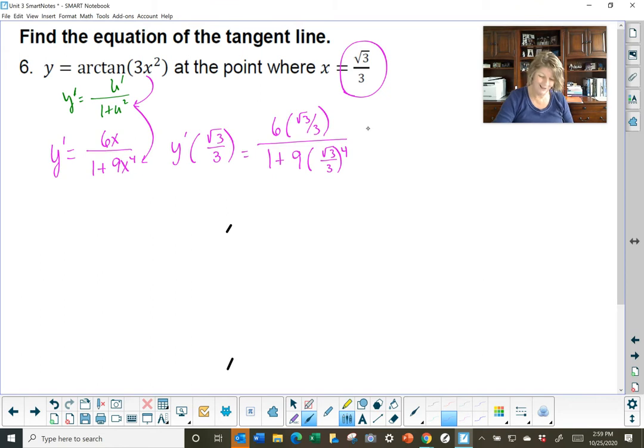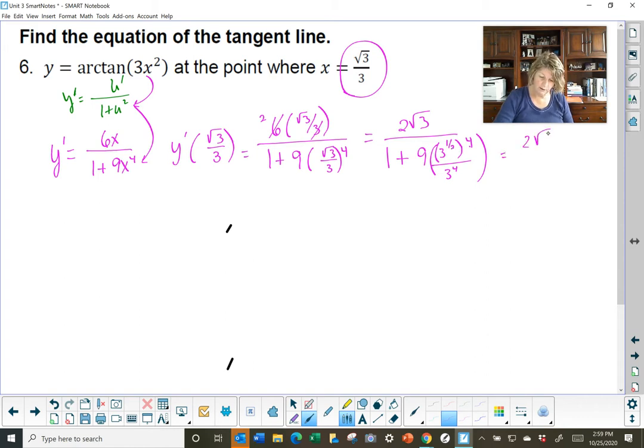Oh, wow. Okay, one little bit at a time. 3 goes into 6 2 times, so my numerator is set. 1 plus 9 root 3 is like a 3 to the 1/2, and it's going to get raised to the fourth. And then this 3 on the bottom gets raised to the fourth. I'm just going to take it really slow so I don't make a mistake. 3 times 4 gives me 2, doesn't it?